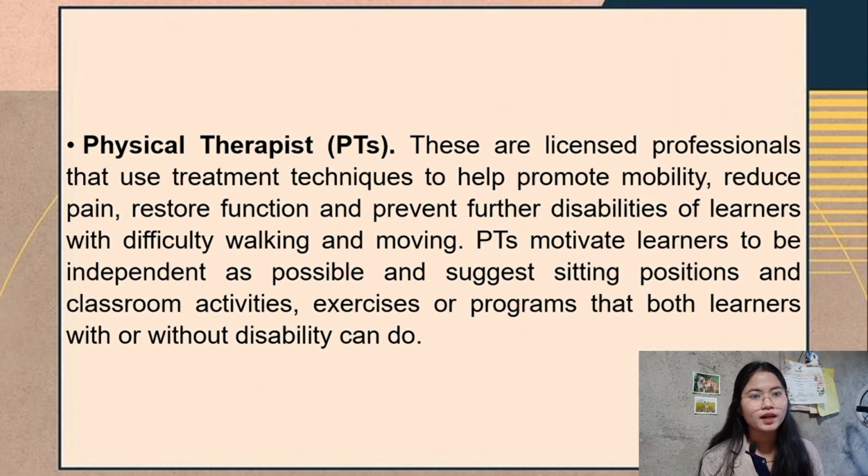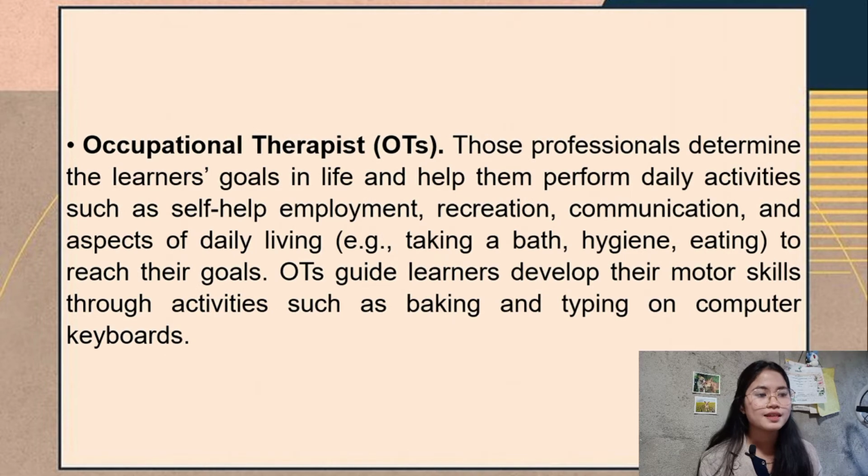So the second one in health professionals is occupational therapist. Those professionals determine the learner's goals in life and help them perform daily activities such as self-help, employment, recreation, communication, and aspects of daily living, like taking a bath, hygiene, and eating, to reach their goals.